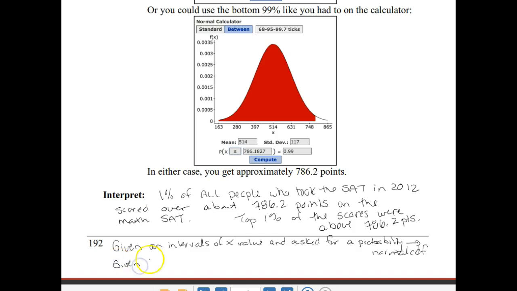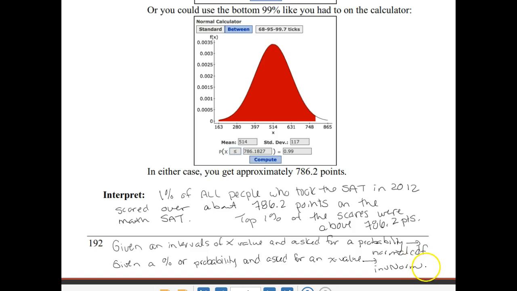However, like in this last example, if you're given a percentage or probability and asked for an x value, then you're going to use inverse norm. Okay? So again, both of these functions are useful with normal distribution curves. It just depends on what you've been given and what you've been asked for. So if we've been asked for a probability, that's what normal CDF gives us. If we've been asked for a value of the random variable, that's what inverse norm will give us.